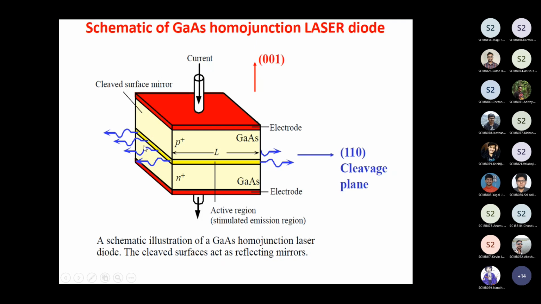The two cleaved sides of the laser diode would act as mirrors. So one would be highly reflecting, the other one partially reflecting, so that from the side where you have a partially reflecting mirror, you are going to get more photons.